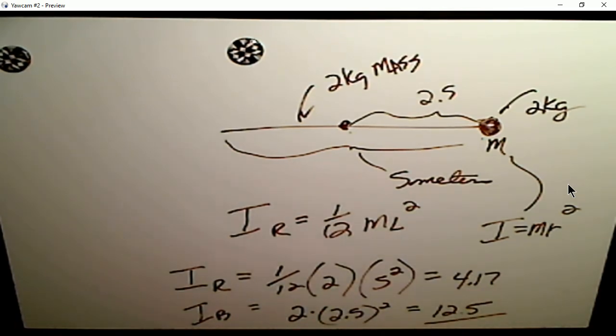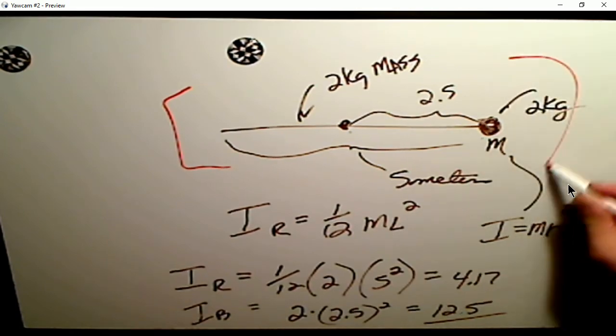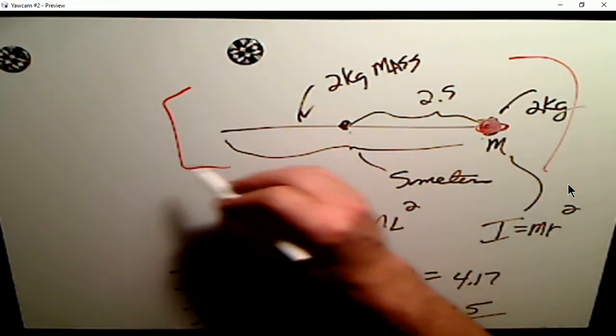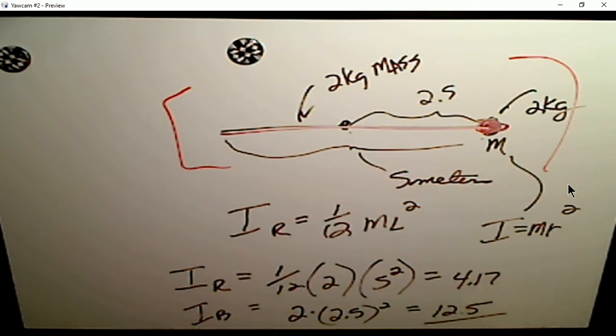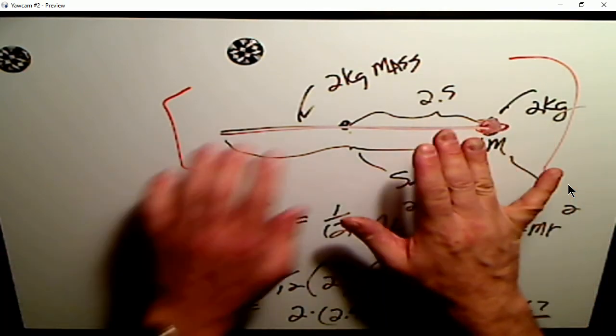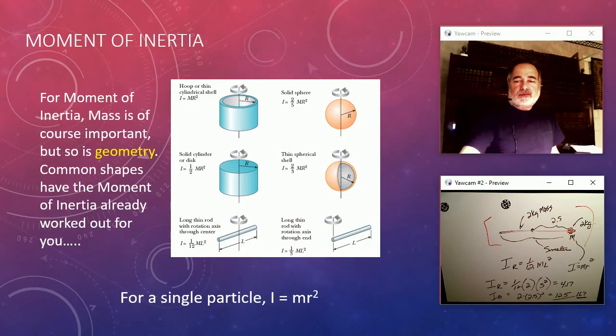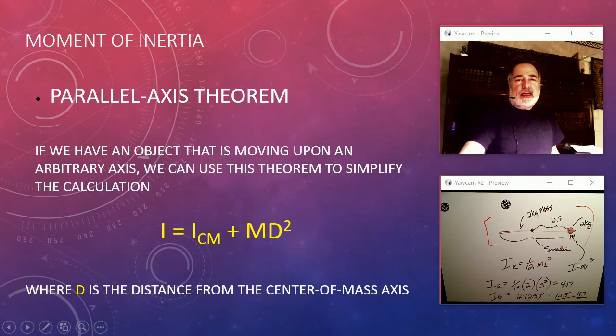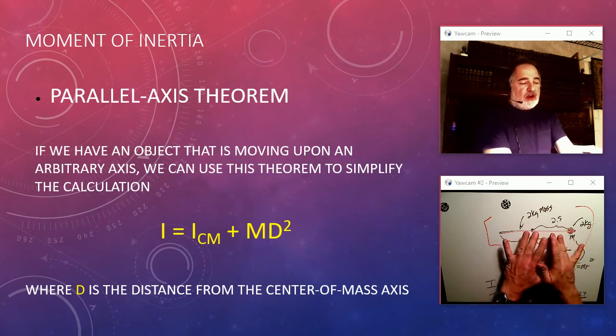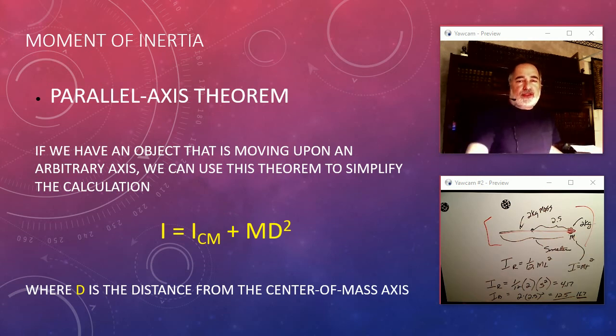So, for this entire system here, with the ball at the end and the rod, the total is 16.7. So, moment of inertia can be added together for a rotational system like we have here. So again, if I have a rotation on an off axis where I don't have the geometry, I can use the parallel axis theorem.